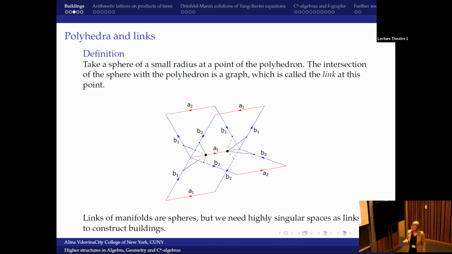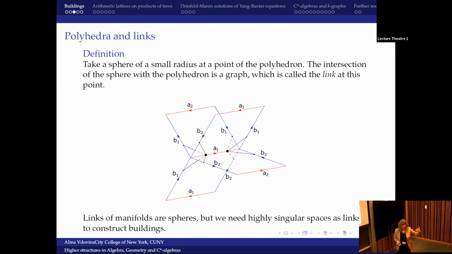And this somehow explains my title of the talk when I say higher structures. What does it mean, the higher structure? It's not just a dimension of your complex or variety or whatever, but it's also this kind of branching, like in a tree, right? We're all happy with trees, that there is a lot of branching.